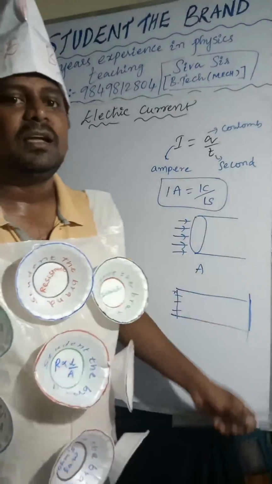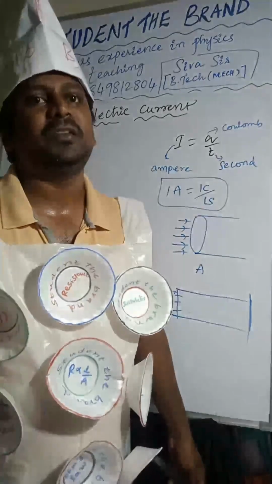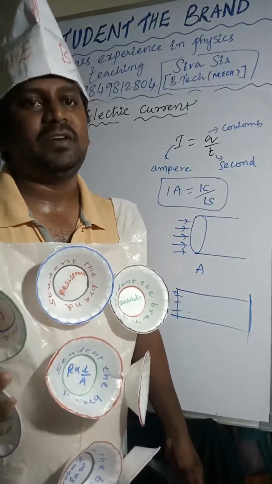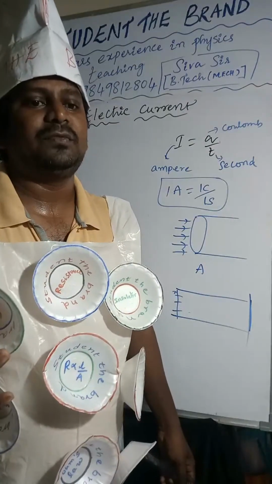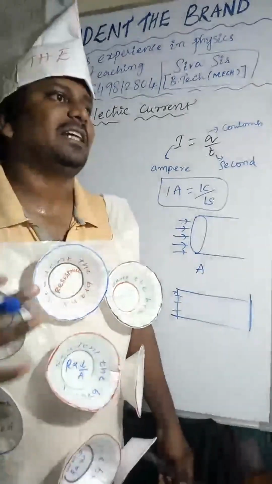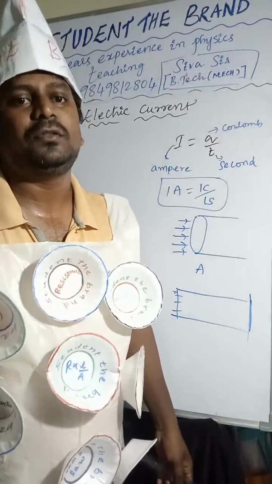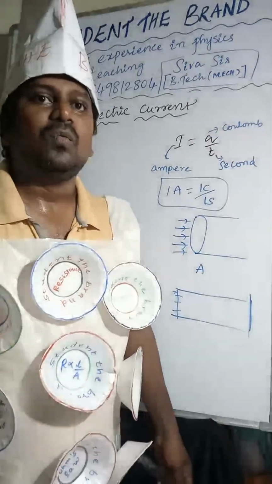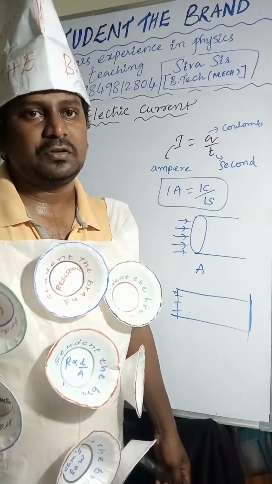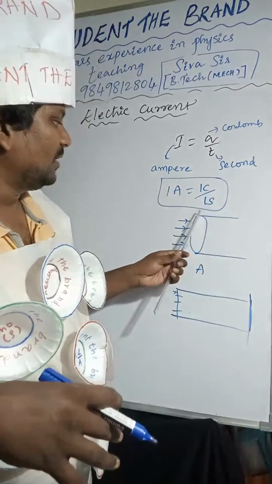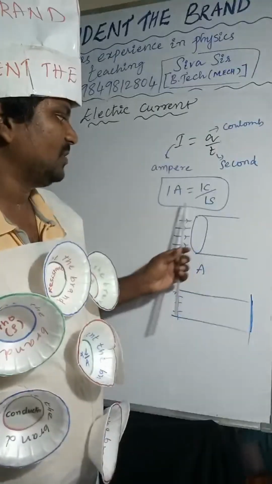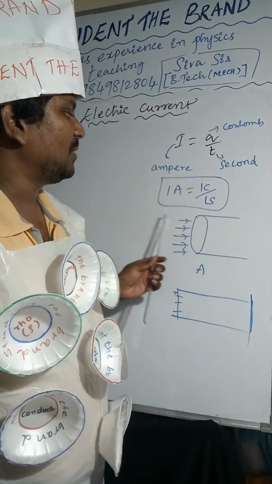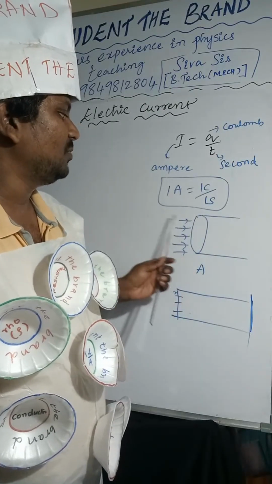In the form of a definition, 1 coulomb of charge flowing through a unit cross section area per second. Because this is a cross sectional area, electrons are moving in this region.